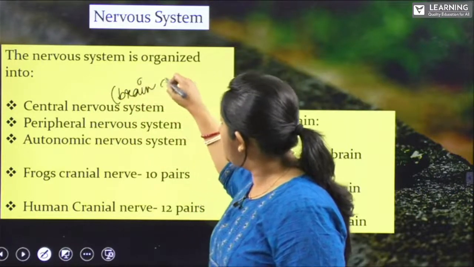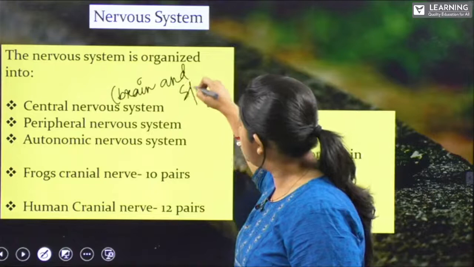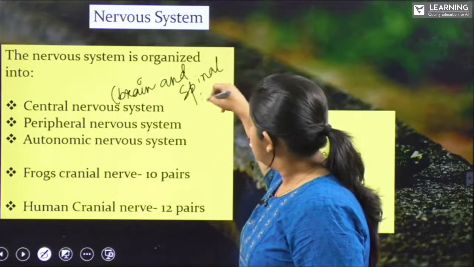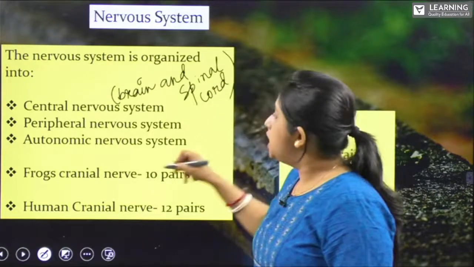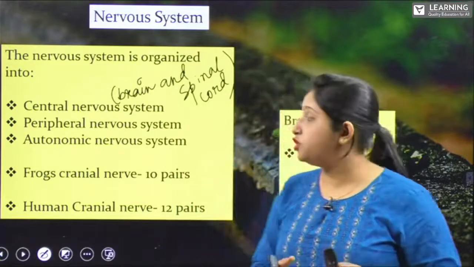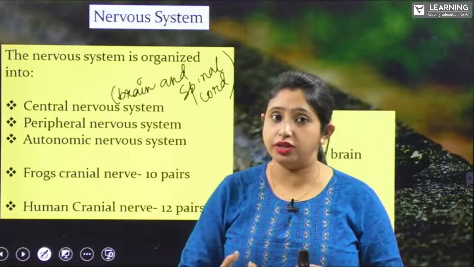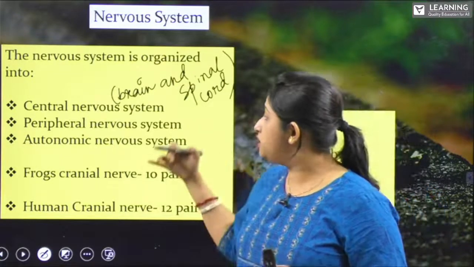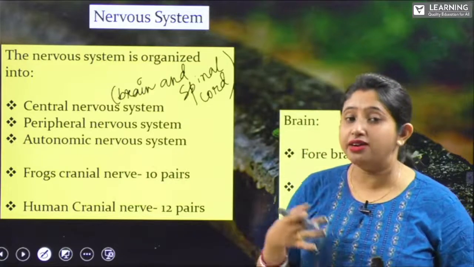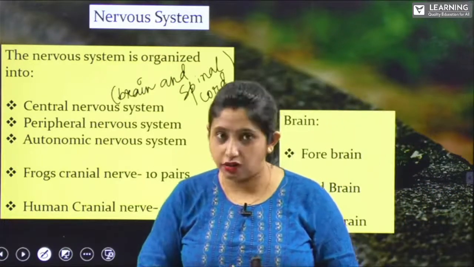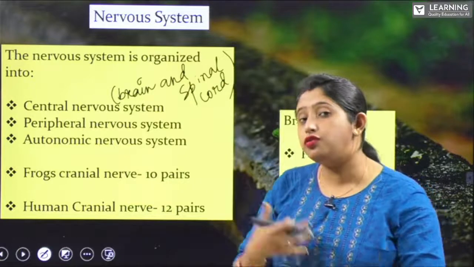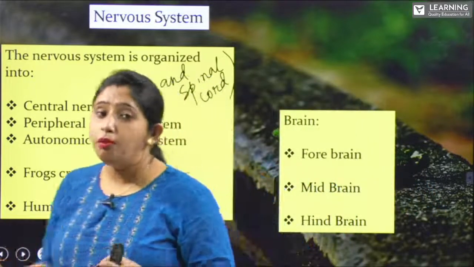Then the peripheral nervous system, which includes the cranial nerves, and the autonomic nervous system, which includes the parasympathetic and the sympathetic nerves. All these nerves we have in our body.